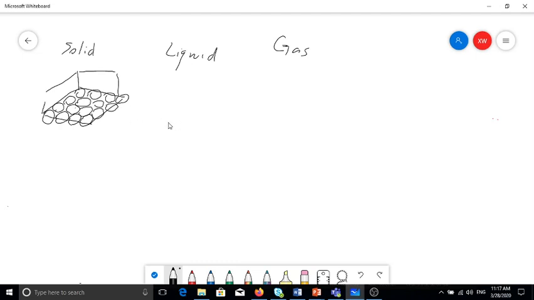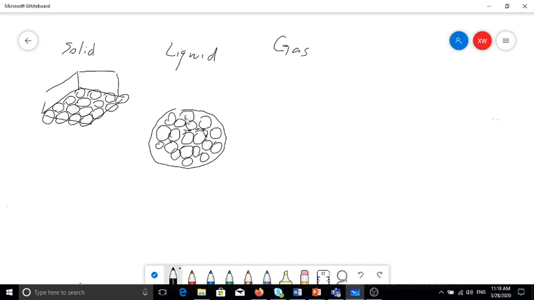Whereas liquid basically looks like this. Now it also has a certain volume, which is mainly determined by the volume of each individual particle, and there's nearly no space between the molecules as well.